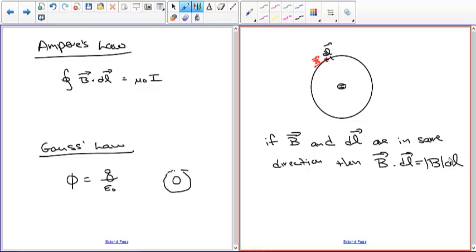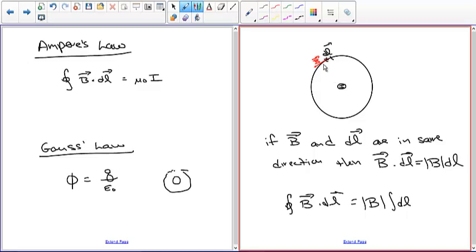So when I do the integral, because B is constant and the dot product just says I multiply things together, the line integral of the B vector dot the dl vector just becomes equal to B, the magnitude of B, times the integral of dl.